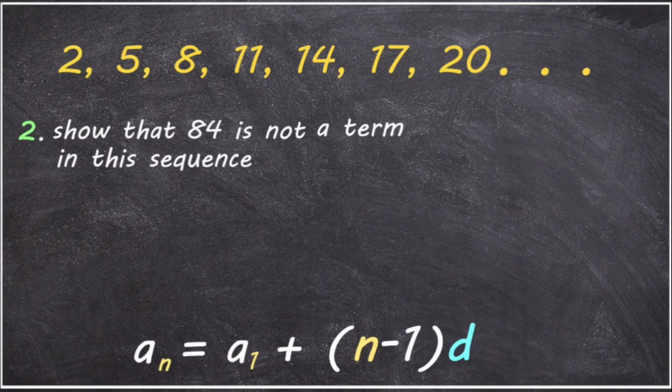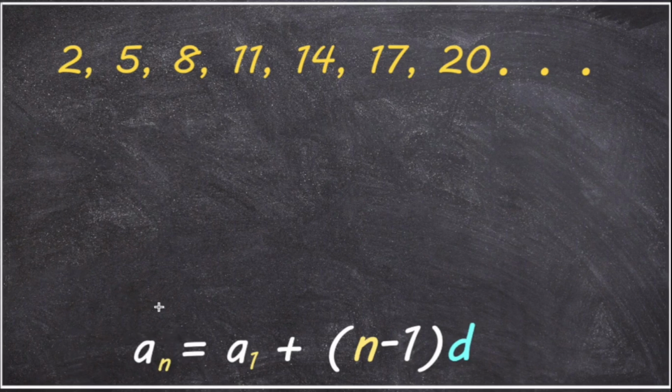Question 2 is show that 84 is not a term in this sequence. How do we approach this one? Well, in the expression, a sub n is the value of the term at the nth position, and we've been given the value 84, so we can say the value at the nth position is 84, and then we can check to see if there really is a value of n such that a sub n equals 84.